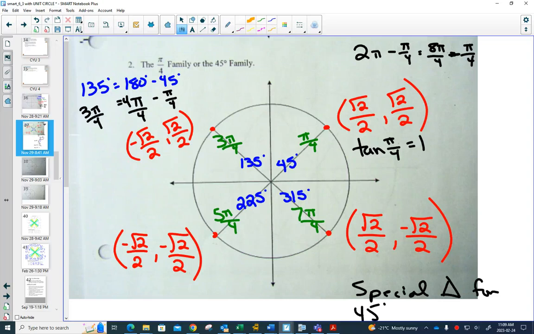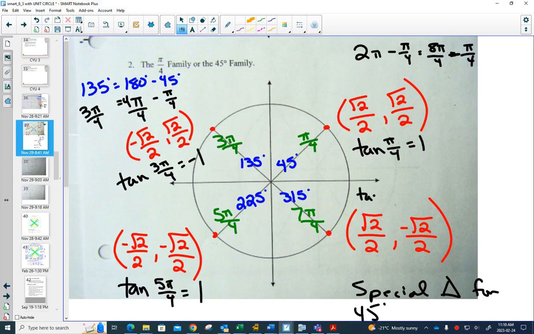In quadrant 2, tan of 3 pi over 4 is going to be negative 1. You can see that it has to be negative from your cast rule. You can also see that it has to be negative from your big idea, that if I do sine of theta divided by cos of theta, one of them's positive, one of them's negative, I'm going to get a -1 as an answer. Quadrant 3, tan is positive again in quadrant 3, so tan of 5 pi over 4 will be +1.